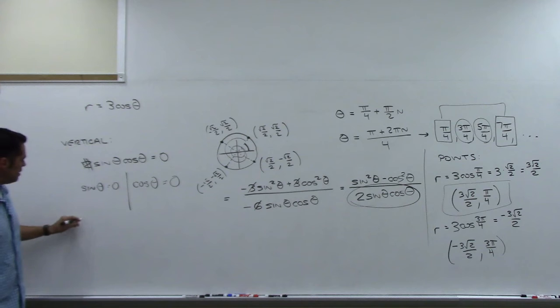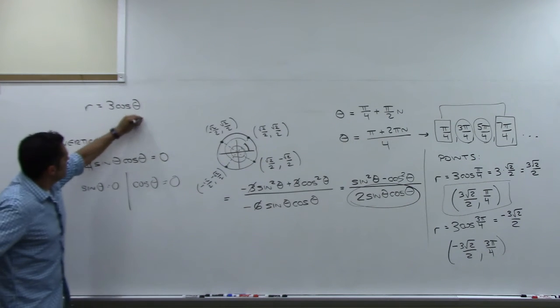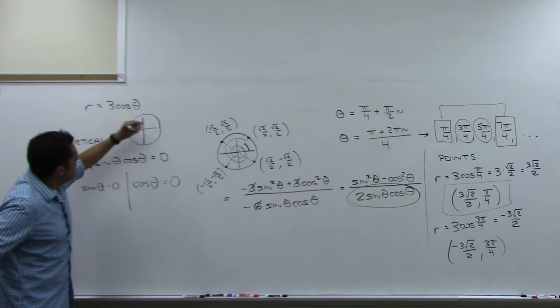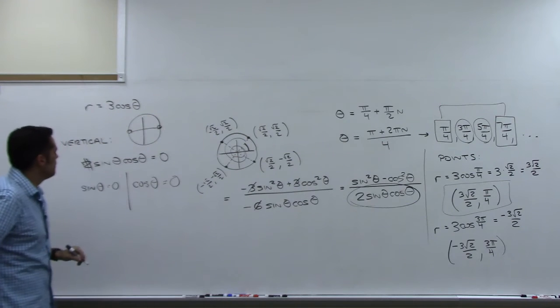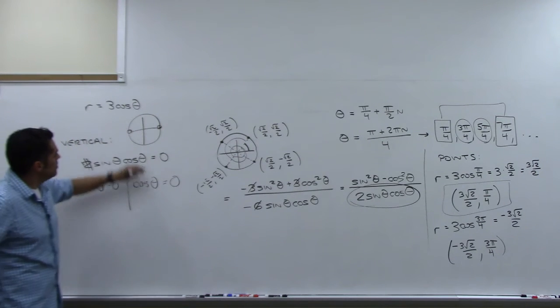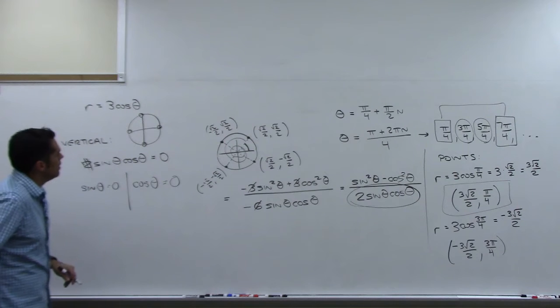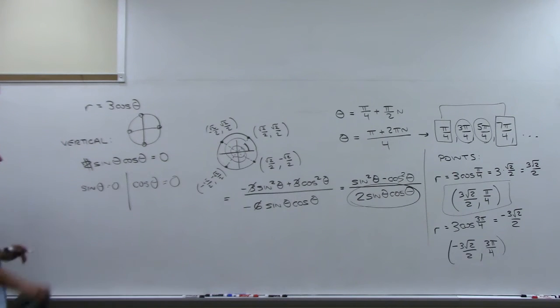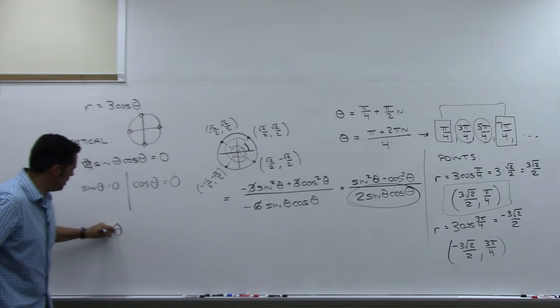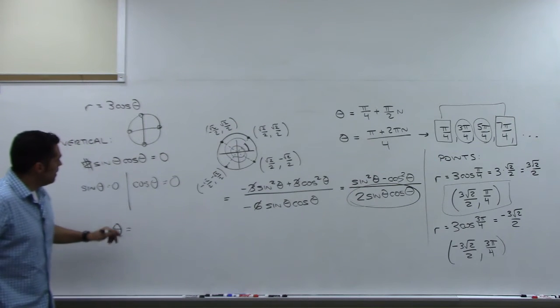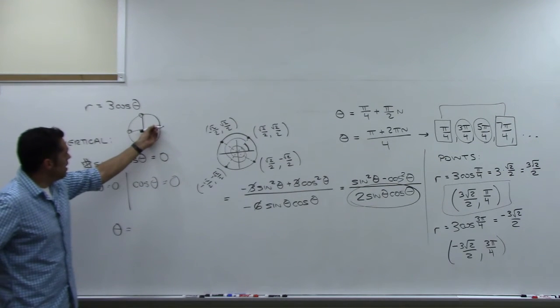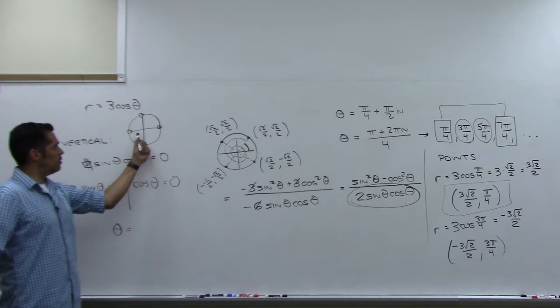And sine of theta is 0, unit circle here. Sine's your y coordinate, that happens here and here. Cosine of theta is 0, your x coordinate is here and here. So if I combine both of these together, my general solution here is going to be that theta must be my starting angle, which is 0, and then I just have to add pi over 2 to move around.